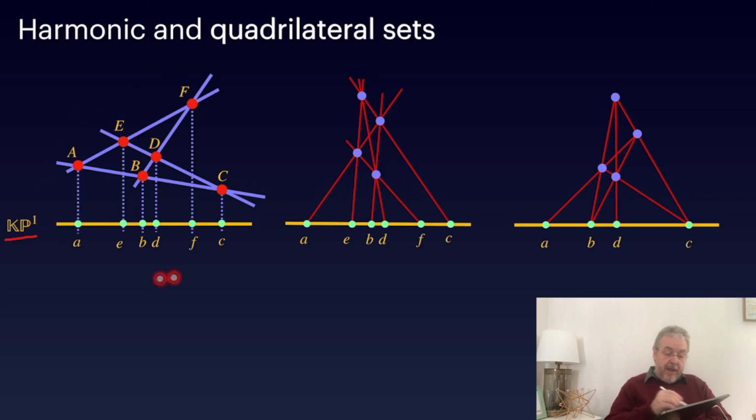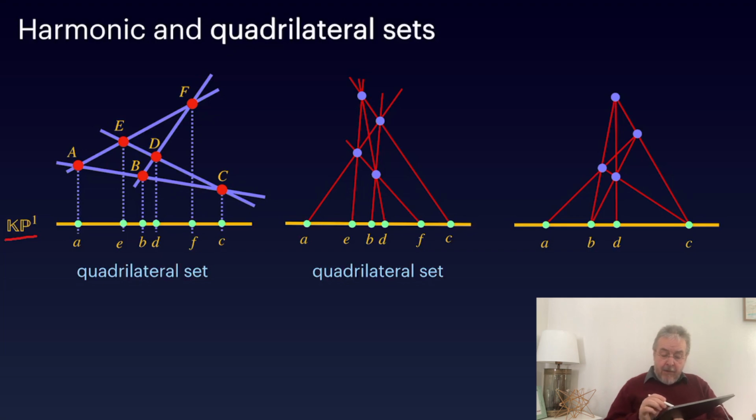And what you see here in that picture is a so-called quadrilateral set. What you see in that picture here looks completely different from the first one, but the point configuration that you get is essentially the same. So you have also a quadrilateral set.